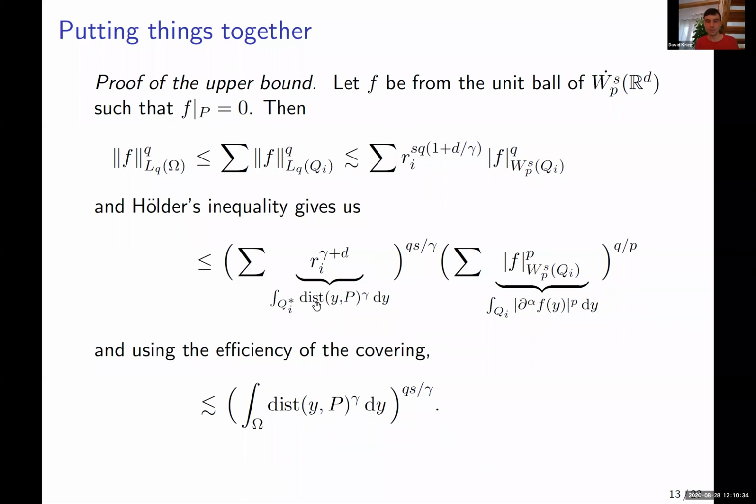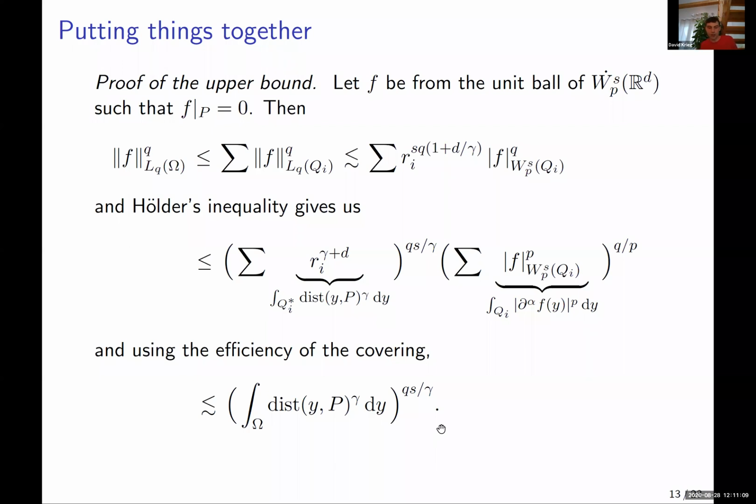So in these empty cubes, the distance always is bounded below by a constant times the radius of the cube. And so this behaves like the integral of the distance function to the power gamma over these small empty cubes. And since they are all disjoint, if we add them up, we are still smaller than the integral over the whole domain. And this is what remains.